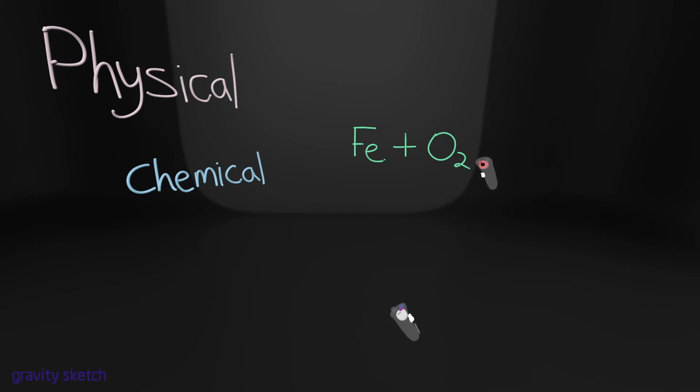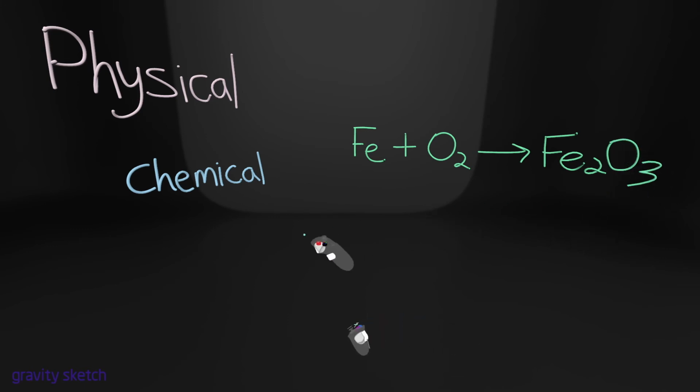And now this whole thing is going to turn into iron oxide. It's going to react and make iron oxide, like this. Fe2O3. By the way, this is not balanced at all, but this is just the equation for it. And as you can see, the iron is reacting with something else to create a whole new product at the end. And that is how we can adjust for chemical properties.